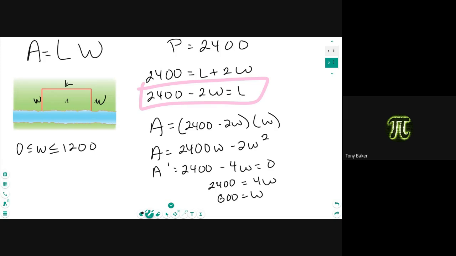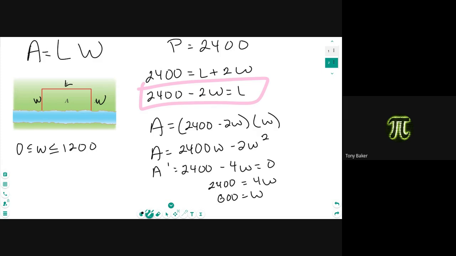So those two values also are ones that I have to check. Because remember, when we're looking at the graph, the endpoints are also ones we need to look at. So we look for our zeros, we look for values that don't exist. In this case, there's nothing that doesn't exist, so we don't have to worry about that. But we also have to look at the endpoints.